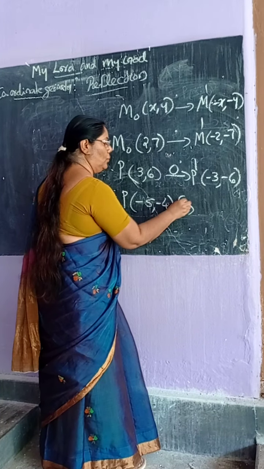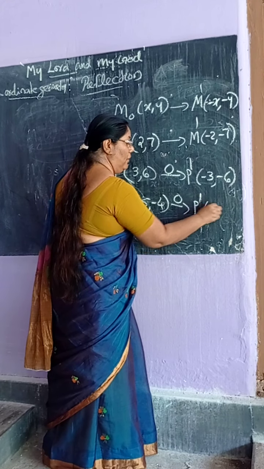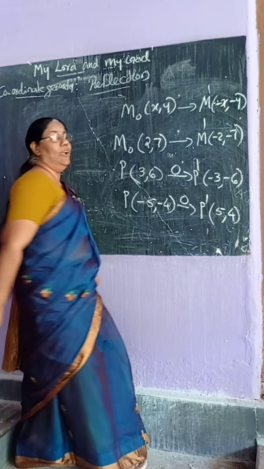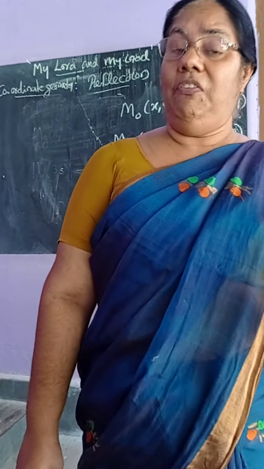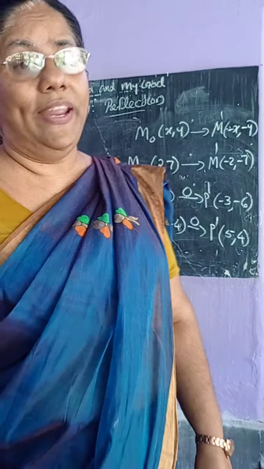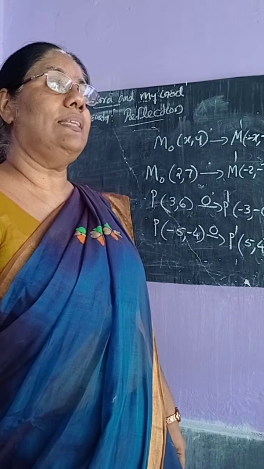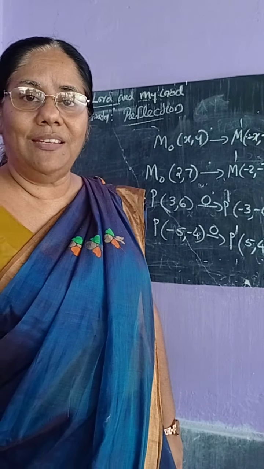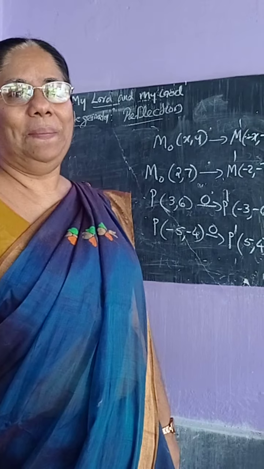Therefore, the answer is through the origin means P dash is (5, 4). Listen. Therefore, once again, when we reflect a point through the x-axis, the y coordinate changes its sign. Y-axis means the x coordinate changes its sign. And through the origin means both the coordinates change their sign.